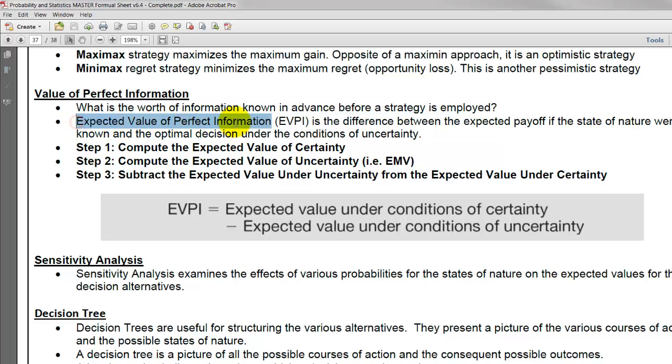The expected value of perfect information, the EVPI, not the given perfect information with the line in between, is the difference between the expected payoff with the state of nature known and the optimal decision under the conditions of uncertainty. So here are the steps. Compute the expected value under certainty, compute the expected value under uncertainty, subtract the two. So that's exactly what we have done.